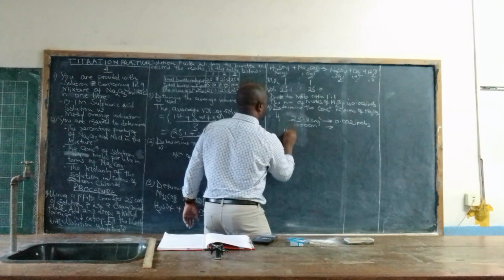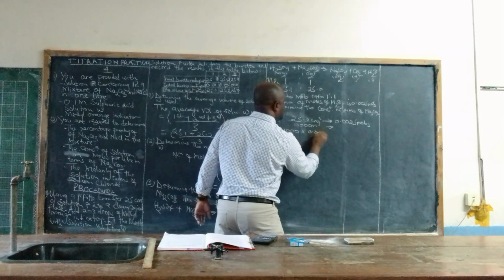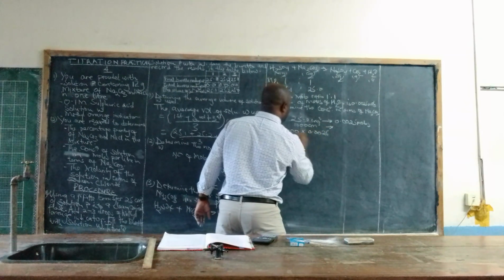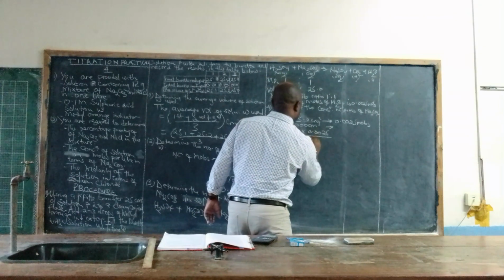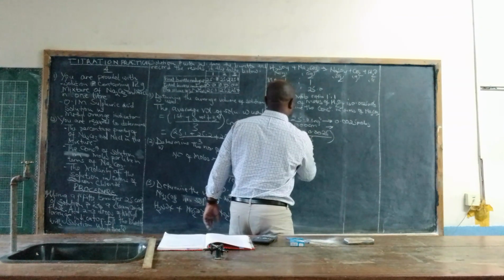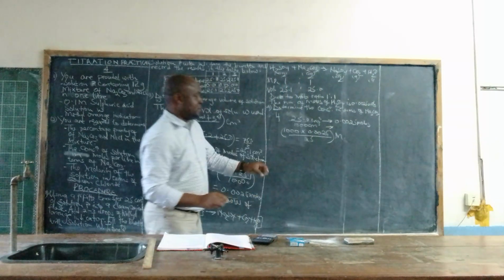So we are going to cross multiply here. 1,000 times 0.0025 divided by 25. All this is the molarity or concentration of sodium carbonate.